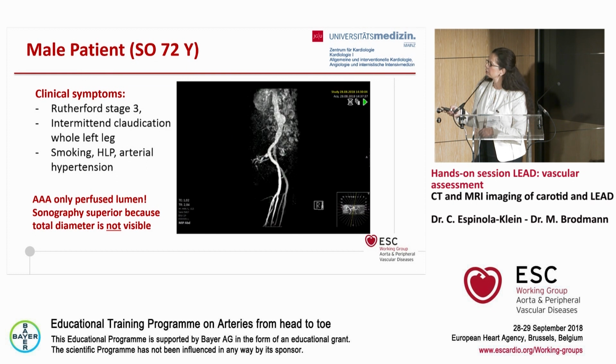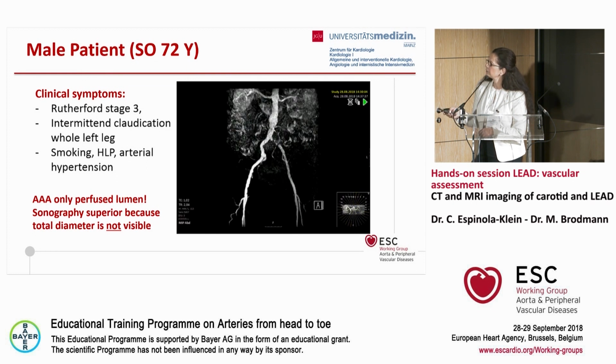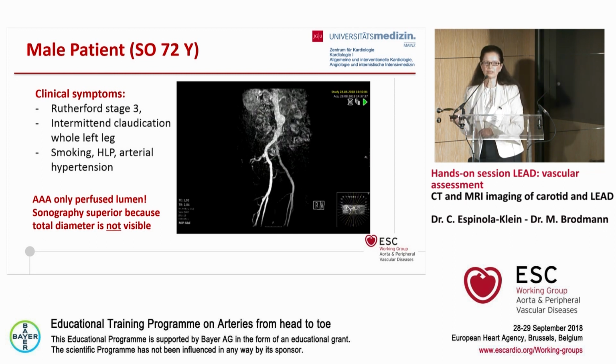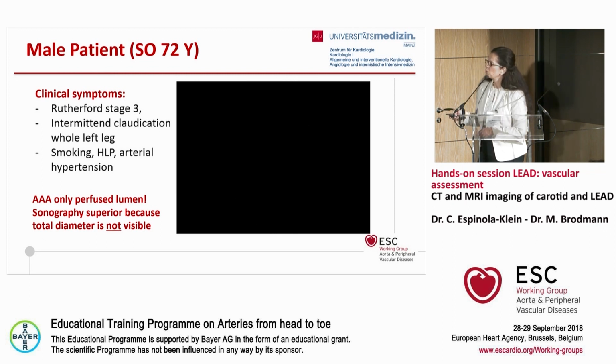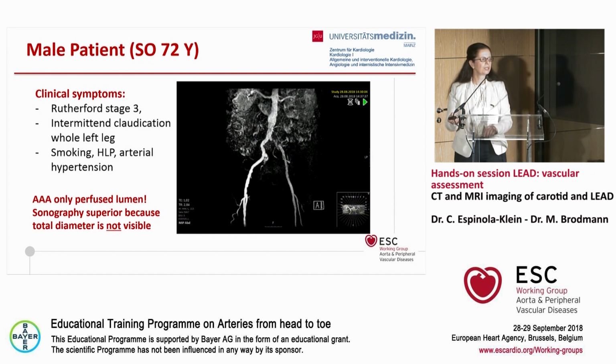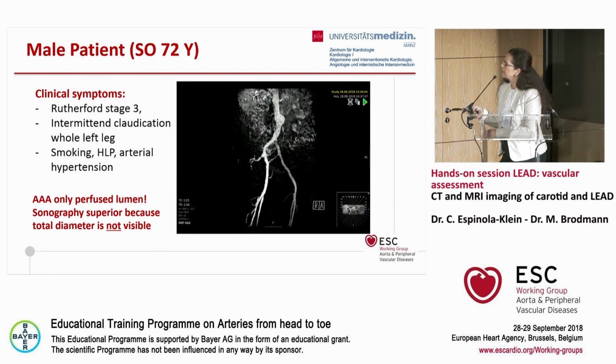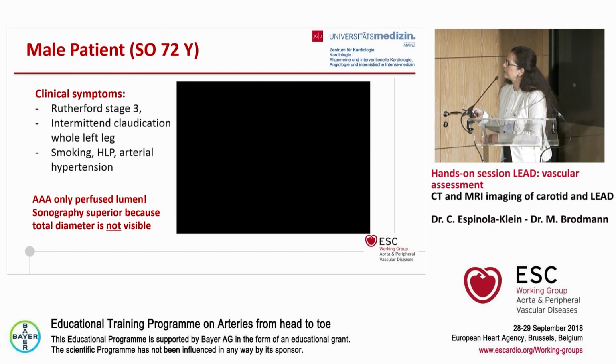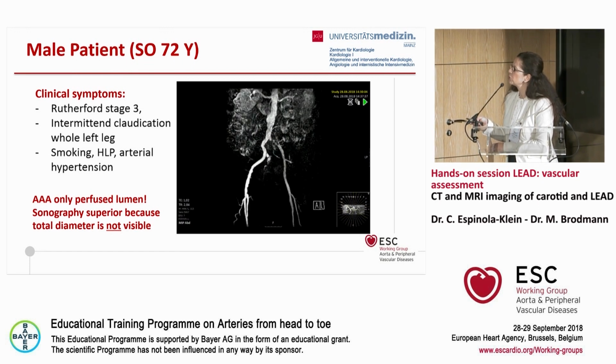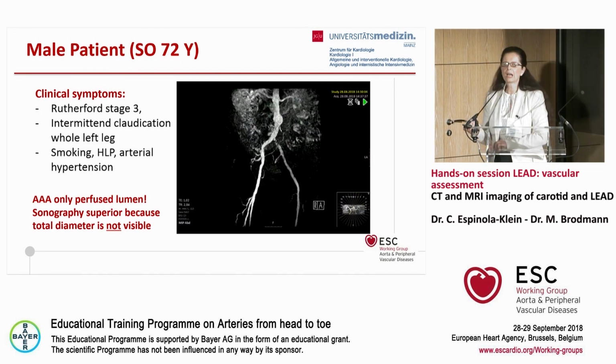He has an aortic aneurysm, he has here stenosis, as you can see, and one thing I want to show here is the point that you cannot see, for example, the whole amount of the aneurysm.